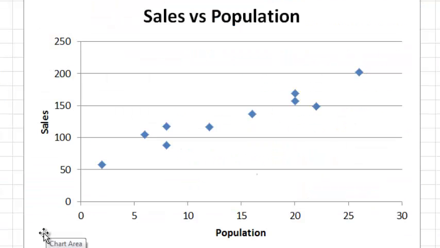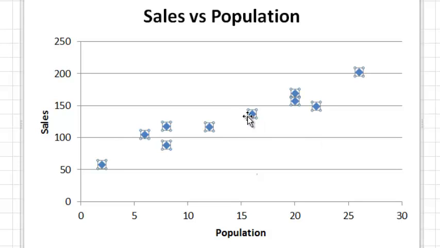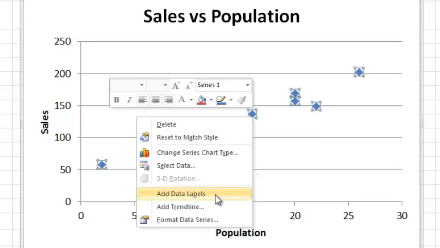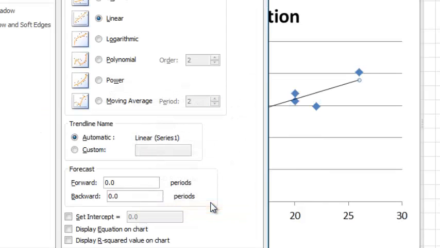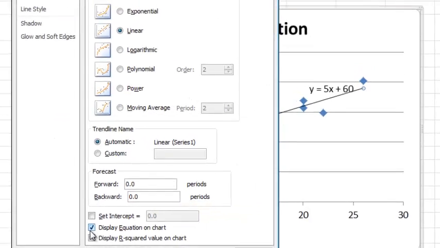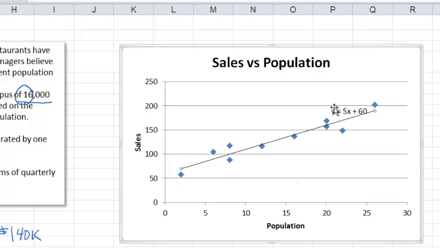As you know, we could get the same regression equation by working with a scatter chart. We could insert a trend line equation into this scatter plot. As before, we select one of the data points, right click, add trend line, and then display equation on chart. And that's it, it is right there. That's the same equation. 60 is the intercept and 5 is the slope.